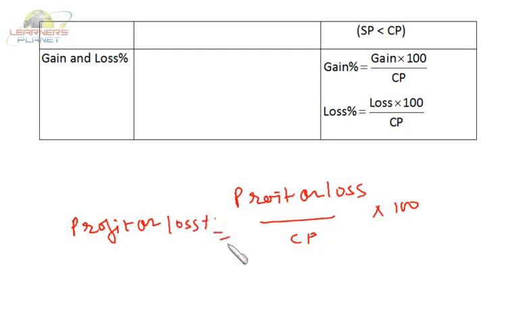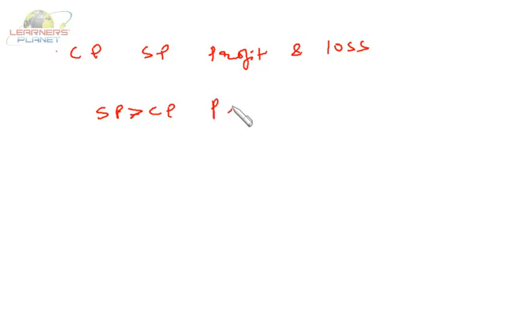Okay, now we take another expression for the same. Since we are dealing with 4 terms over here, that is CP, SP, profit and loss, all these terms are related to each other. If selling price is more than cost price, then there is a profit.